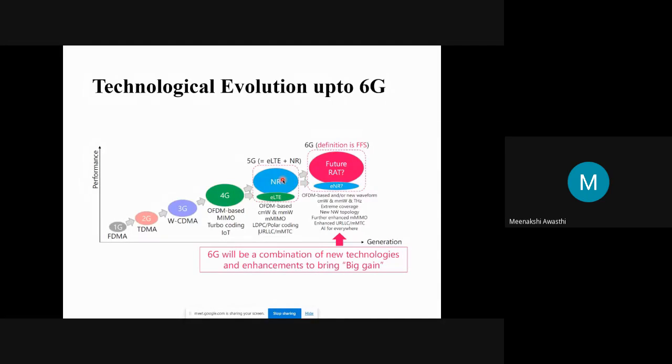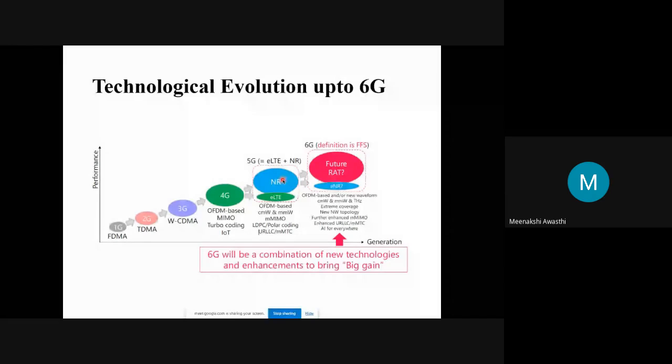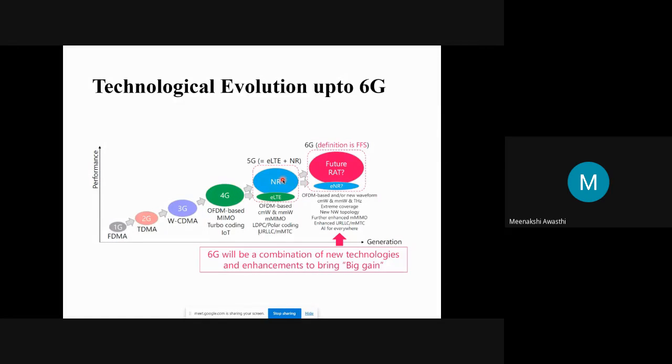we have already seen. Now what is this sixth generation? It is actually future RAT. We have imagined that 6G will be OFDM based and or new waveform, cmWave and mmWave.